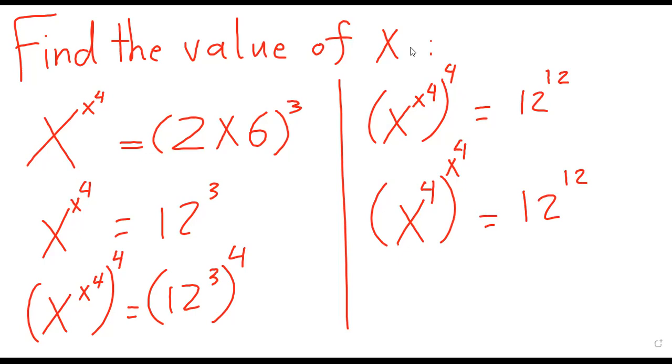Now I reached the end of this equation. I reached the point where the base equals its exponent. So here too, the base equals its exponent. How? The base here is x to the power 4, and its exponent is x to the power 4 too.